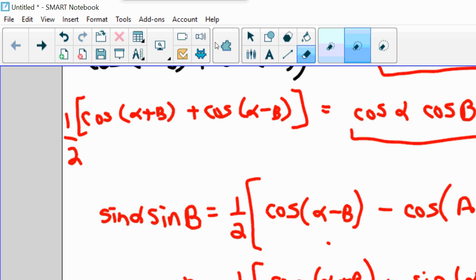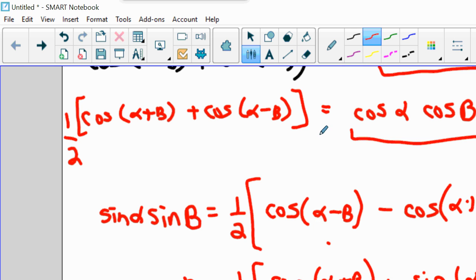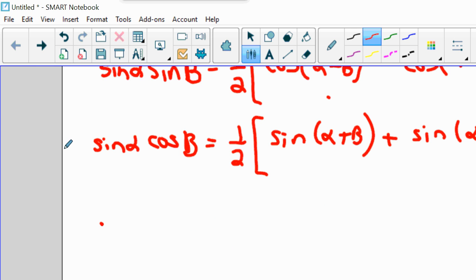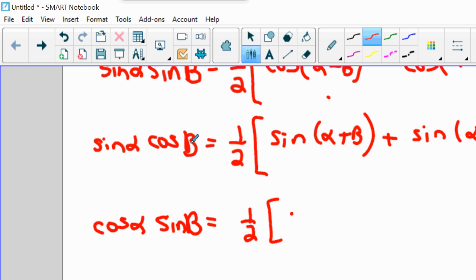I might as well fix this up here: alpha plus beta, alpha plus beta. And then finally, cosine alpha sine beta equals 1/2 sine alpha plus beta minus sine alpha minus beta.